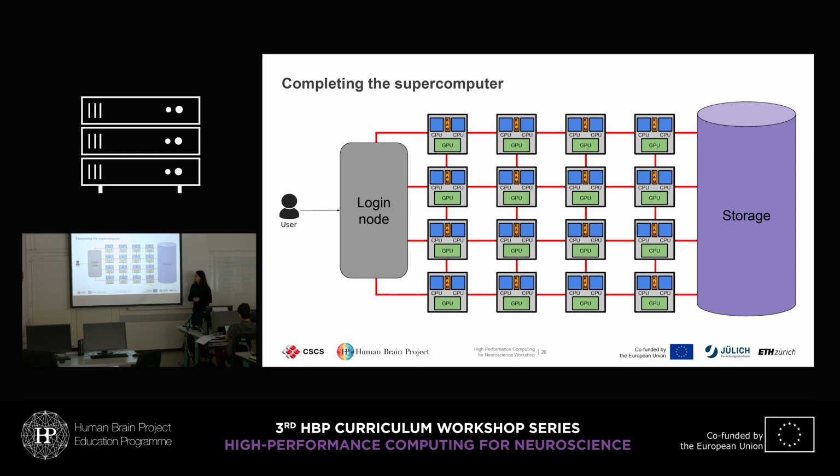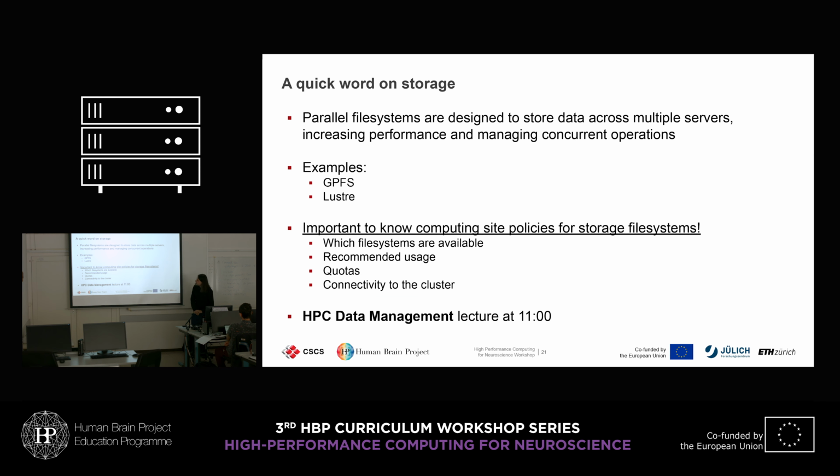That's why we have HPC-specific storage, which is based upon parallel file systems. Parallel file systems are software components and their accompanying hardware, which are designed to store data across multiple servers at the same time.